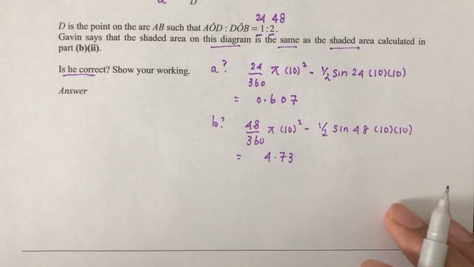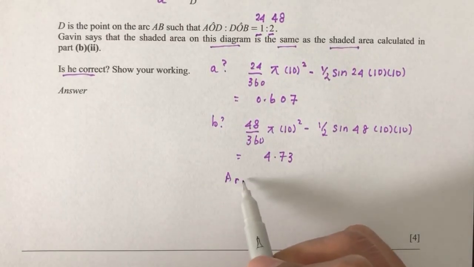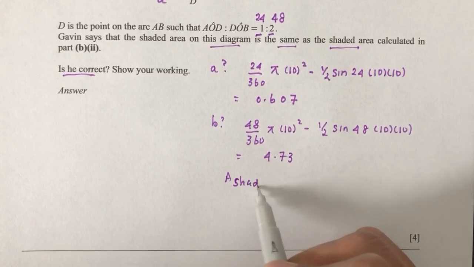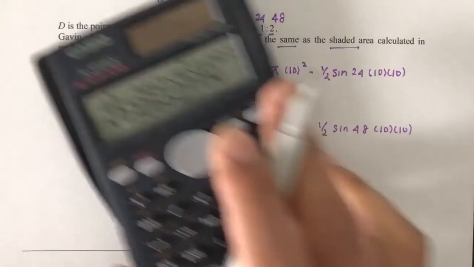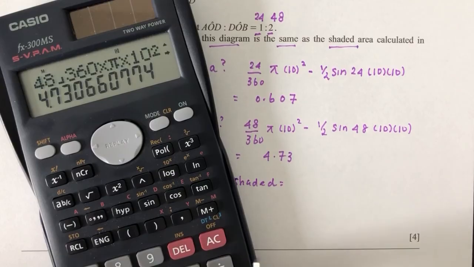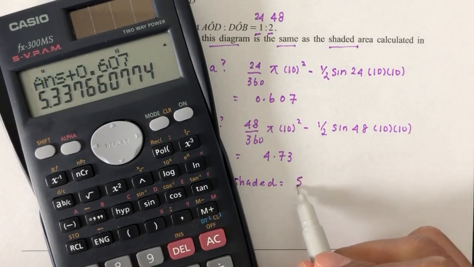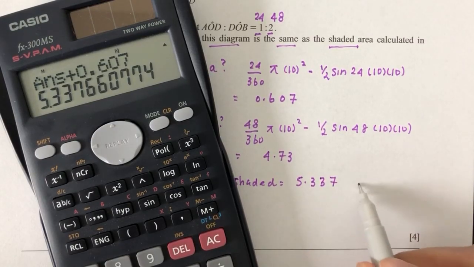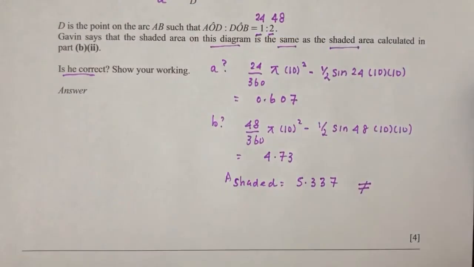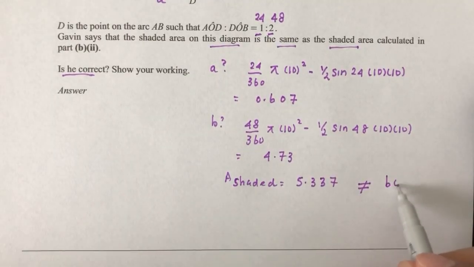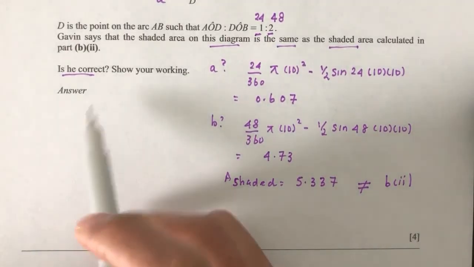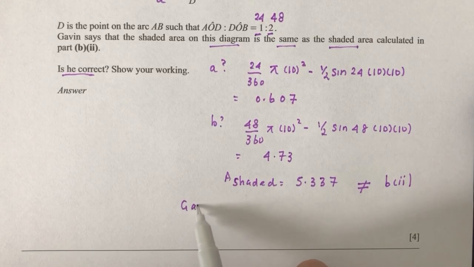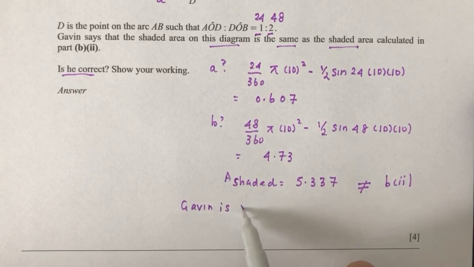So the area of the shaded region is actually 4.73 plus 0.607. That will be 5.337, which is not equal to your answer in part B. So he is wrong. Gavin is wrong.